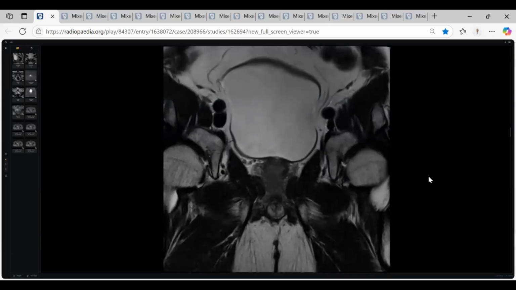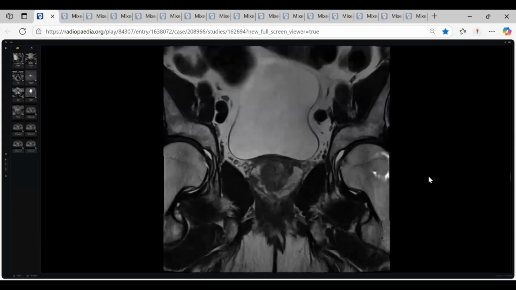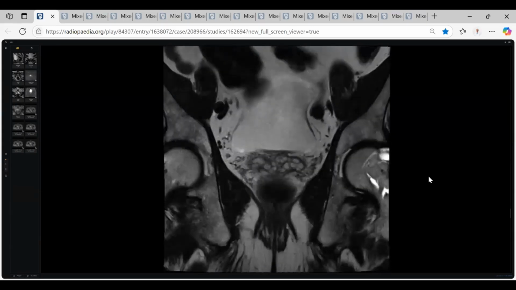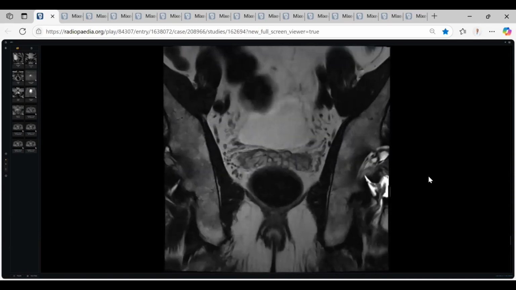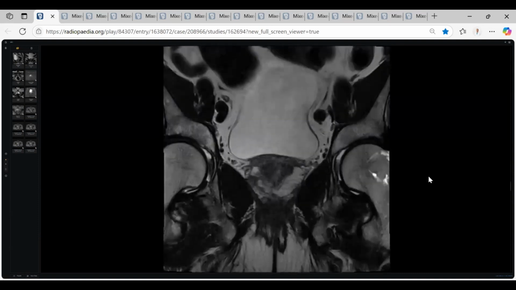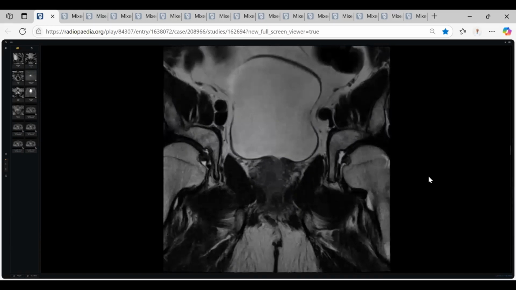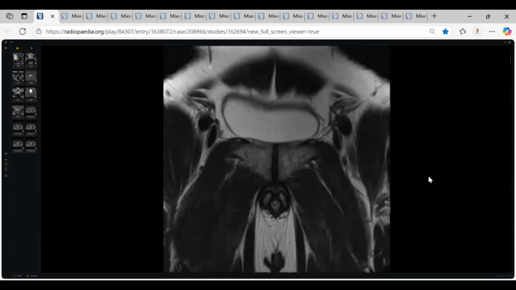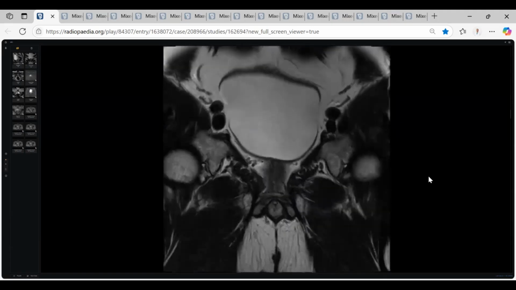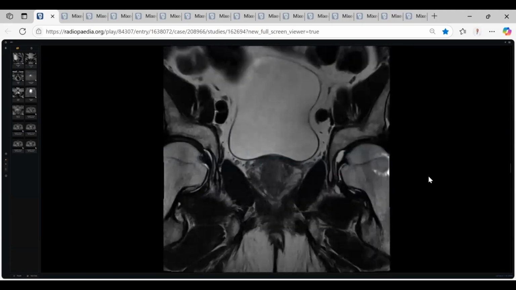I will scroll and say my opinion. The urinary bladder is of average capacity, well distended, with a normal wall and no intraluminal lesion.